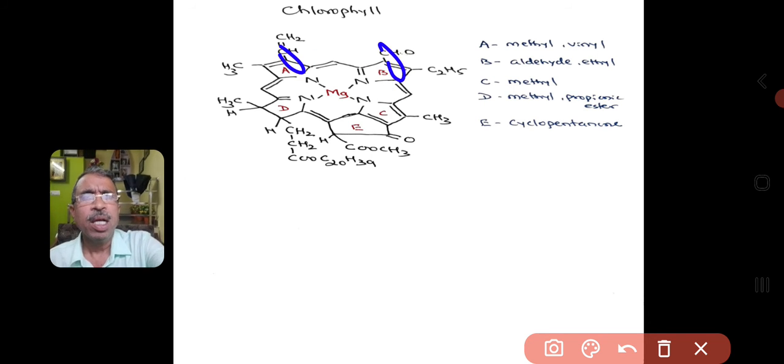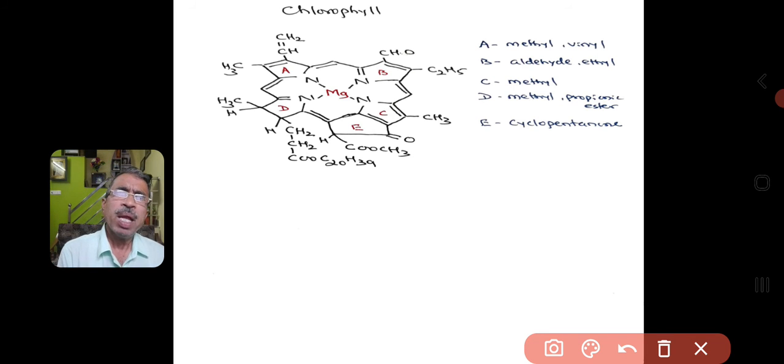In this, each pyrrole ring is linked with a methyl and vinyl group, that is the A pyrrole ring. In the B pyrrole ring, instead of the methyl group in hemoglobin, we have an aldehydic group, and instead of the vinyl group in hemoglobin, we have an ethyl group.